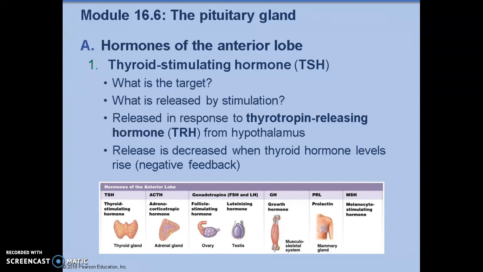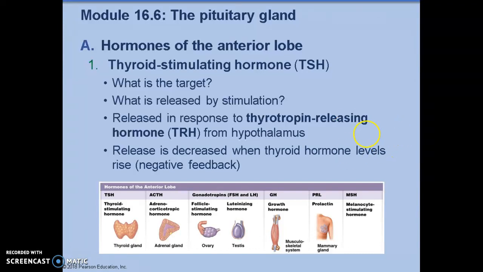These are released in response to thyrotropin releasing hormone from the hypothalamus. So the hypothalamus starts with that TRH and sends it through that portal system to the anterior pituitary, which will then release the TSH. And as with most of these hormones, control is through negative feedback.